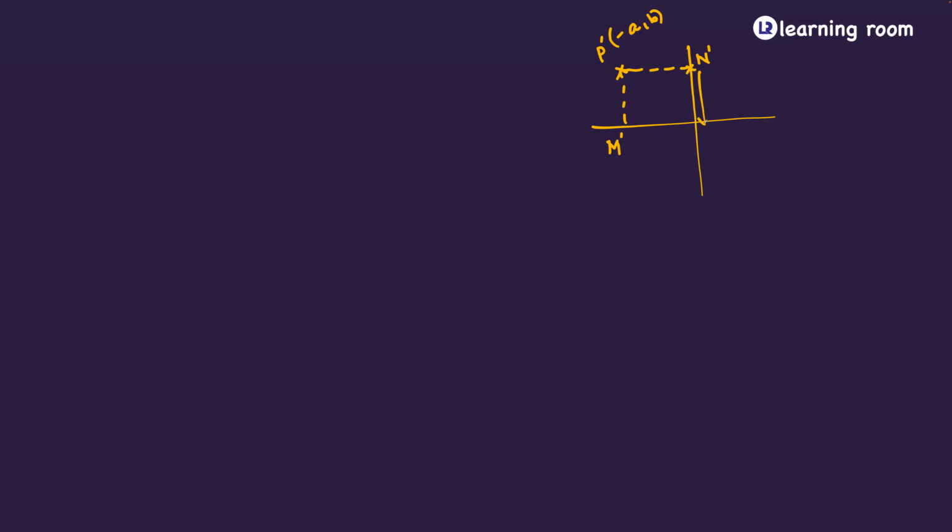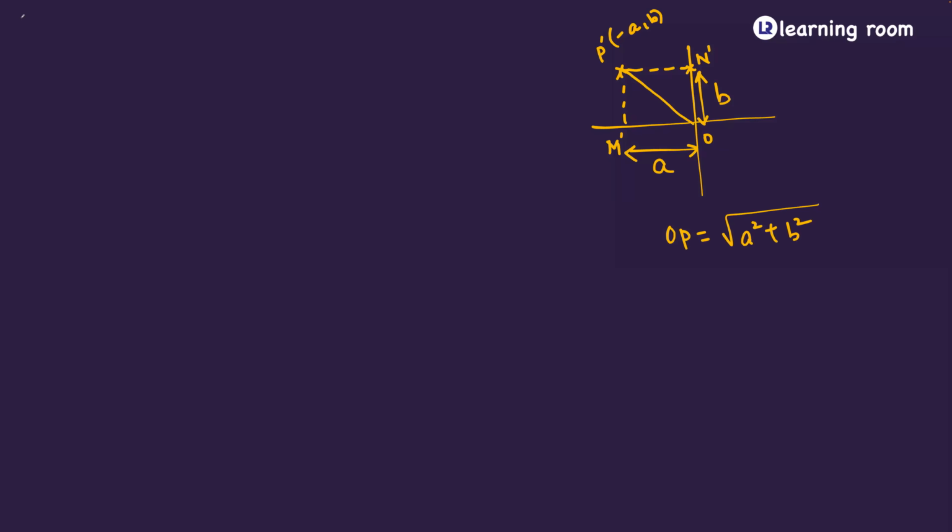How much is the distance from the origin to N dash? The distance is B. What is the distance from the origin to M dash? Distance is still A. If I join these two, OP is equal to root of A square plus B square.